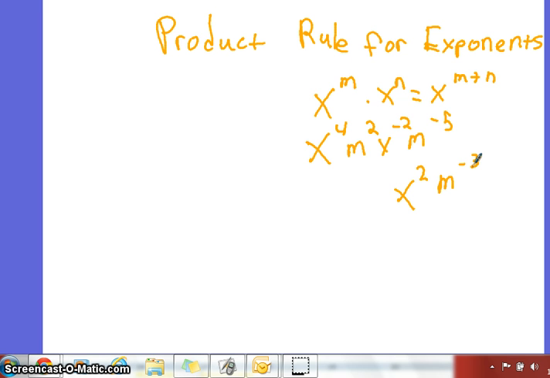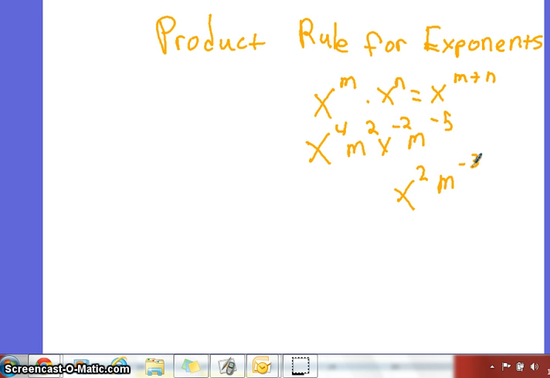Okay? Make sense? All we did was combine like terms. Using our product rule, when you're multiplying numbers with exponents, you are adding the exponents. Because this is 4 x's and this is negative 2 x's. You take stuff away and you get it squared. Okay? So far so good?